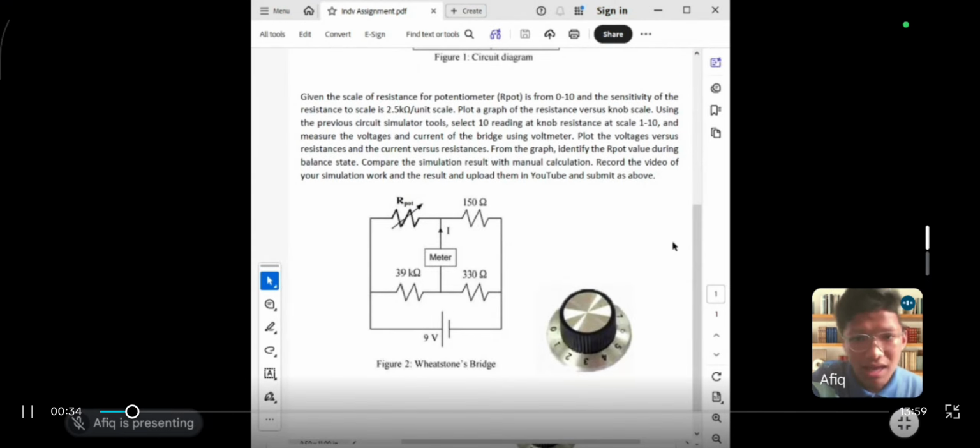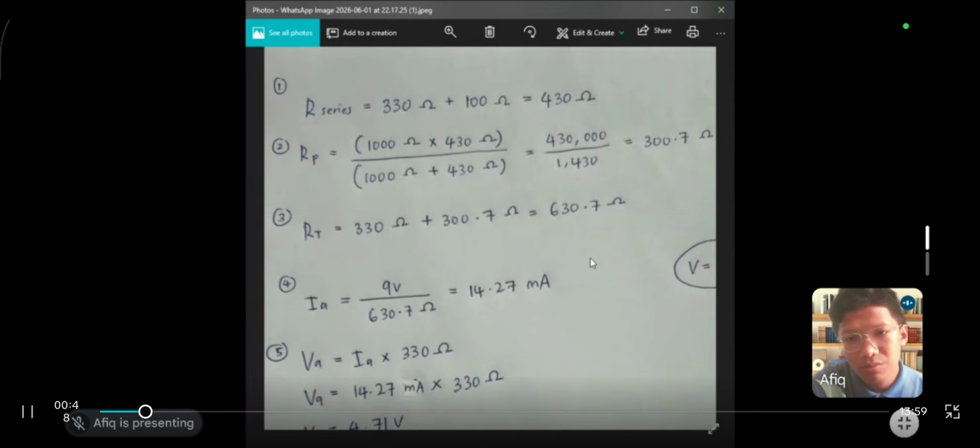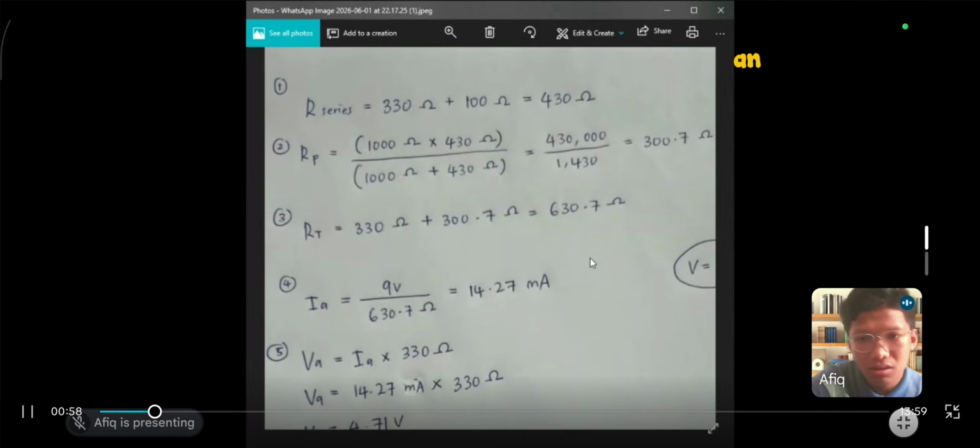Okay. For circuit one, what we have here is a 9-volt battery, 330 ohm for R1 or RA, and RB is 1000 ohm, RC is 330 ohm, and RD is 100 ohm.